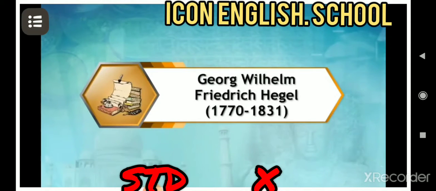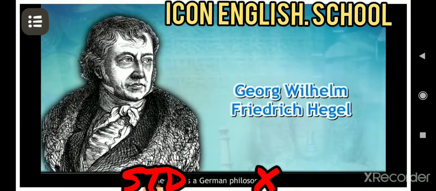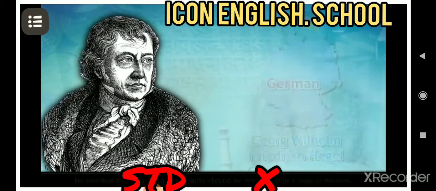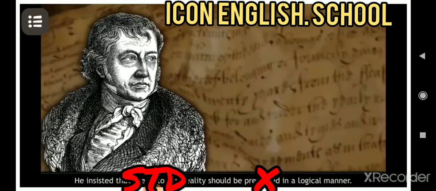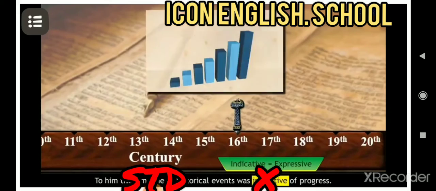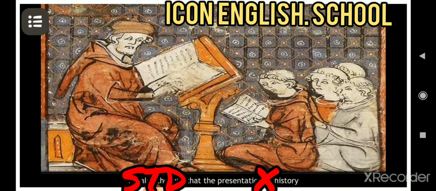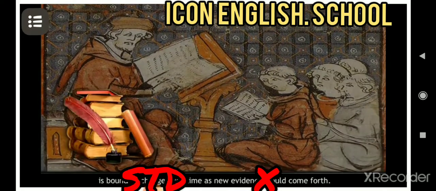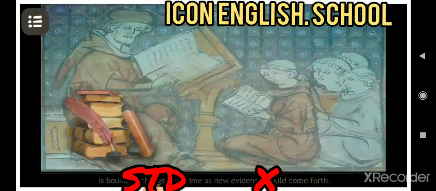George Wilhelm Friedrich Hegel, 1770 to 1831. Hegel was a German philosopher. He insisted that the historical reality should be presented in a logical manner. To him, the timeline of historical events was indicative of progress. He also thought that the presentation of history is bound to change over time as new evidence would come forth.